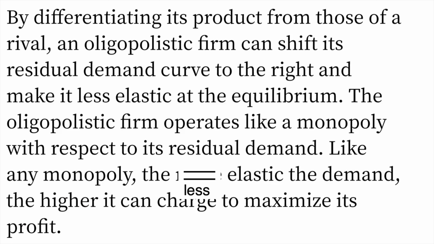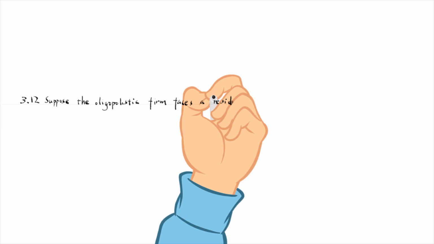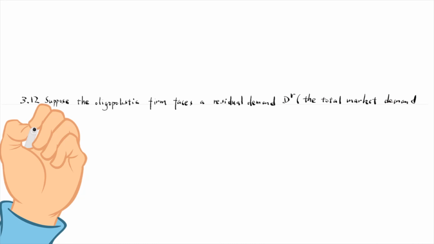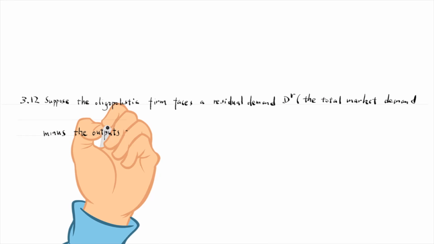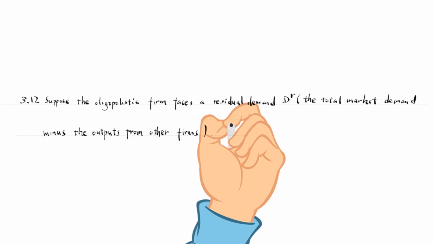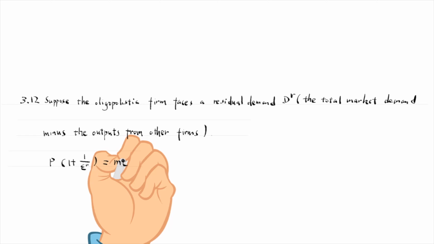The math is as follows. Suppose the oligopolistic firm faces a residual demand dr, which is the total market demand minus the outputs from the other firms. We have the equation that relates the price it sets to its marginal cost and the elasticity of its residual demand curve, epsilon r.